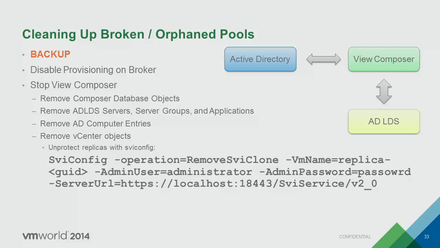So we disable provisioning for that pool at the very least, maybe even altogether. Then we go remove those objects from the SQL database for Composer. Then we go remove the objects in Active Directory. This is commonly not done. Now, that's not as big of a deal these days because we can reuse computer objects, but I still recommend it. It's good to go end-to-end and clean things up.